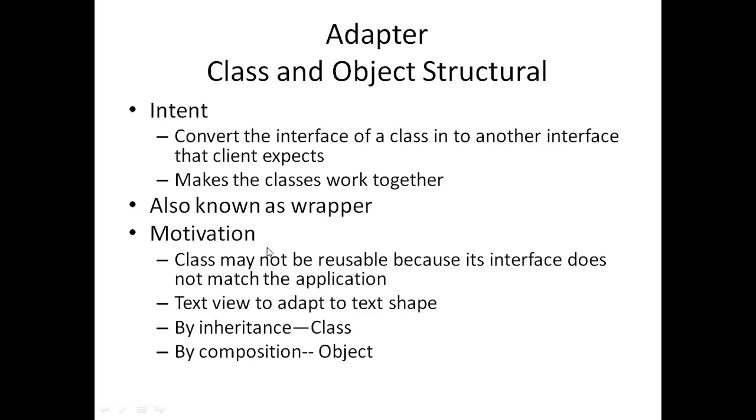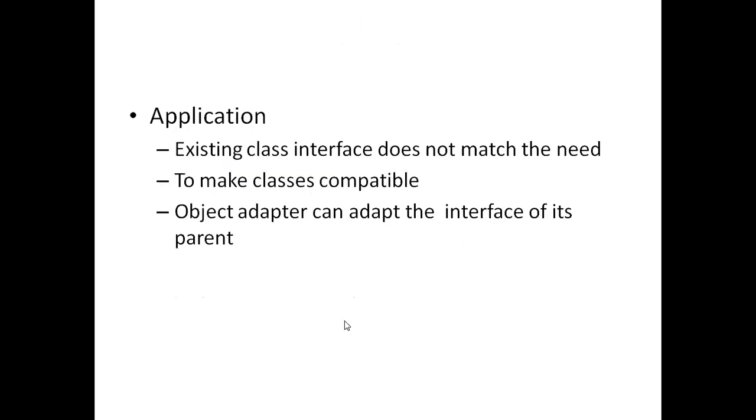The client will expect the same interface to be there even though it changes because of the change in the requirement of that class. So what we go for is adapter. It is also known as wrapper class.